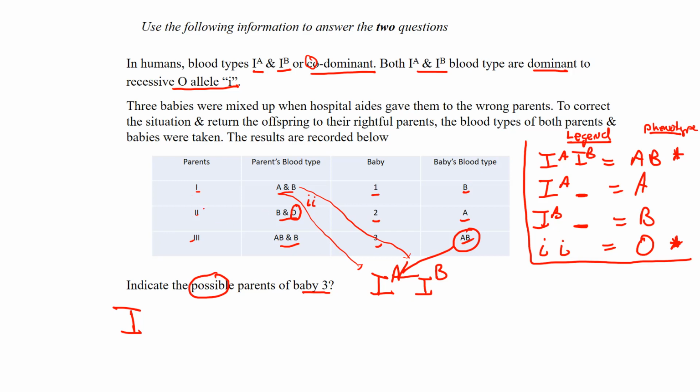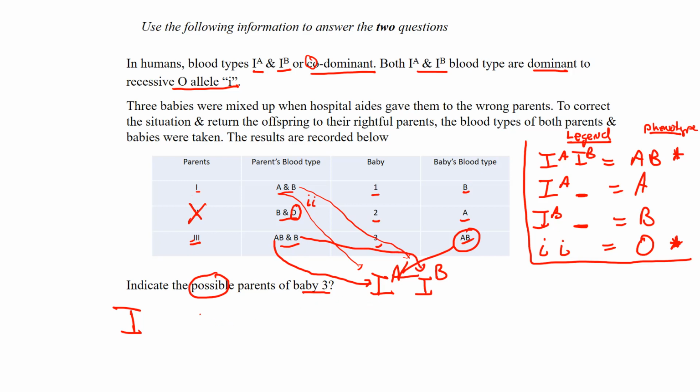So we know that there's no possible way that Roman numeral number 2 can be the parents of this AB offspring. And if we take a look at Roman numeral number 3, sure, here is an A that could have contributed the A allele to that baby, and the B parent could have contributed the B allele.